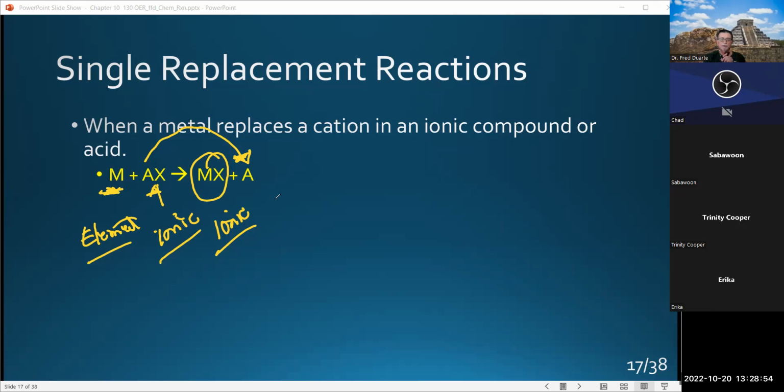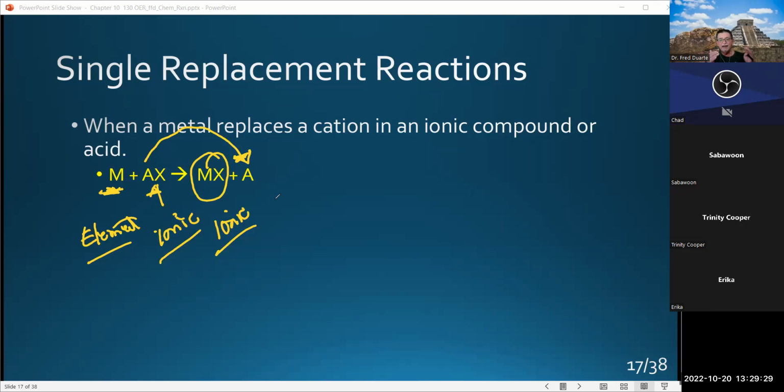And the driving force is the most reactive metal wants to be in the most stable state. The most stable state for all metals is to be in ionic form. Okay, think about this for a second. Why we say that is because remember that metals want to lose electrons, and by losing electrons, now the outer orbital has lost an electron and basically transferred it over to the other metal.